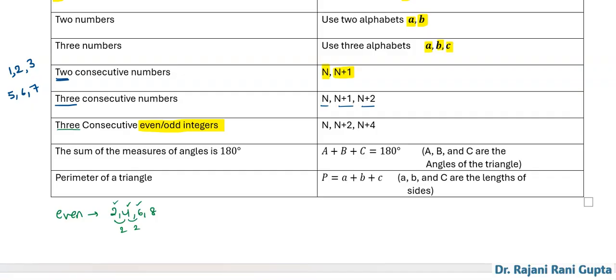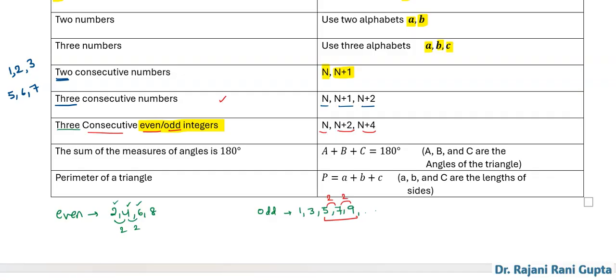Now the odd numbers are 1, 3, 5, 7, 9, and so on. If we take three consecutive odd numbers, 5, 7, 9, the difference between 5 and 7 is 2, and between 7 and 9 is again 2. So it doesn't matter whether they ask about even or odd consecutive integers, you use n plus 2, n plus 4, always for odd and even.